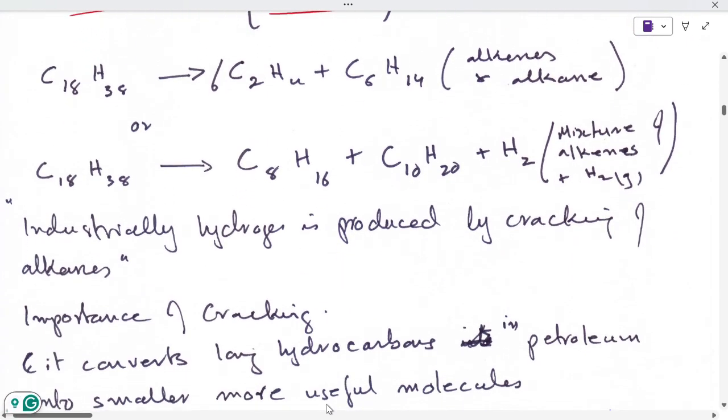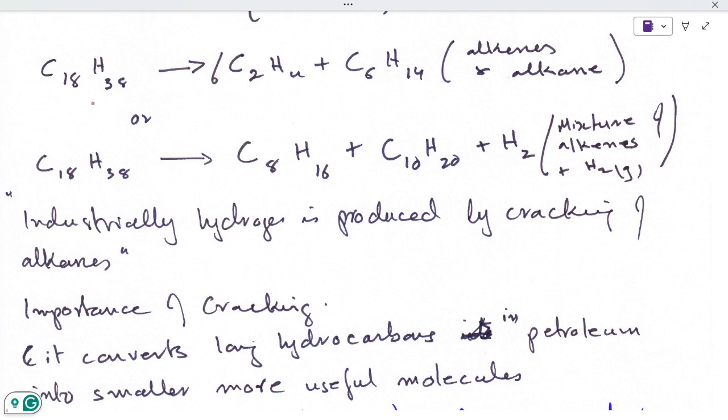Now C18H38 forms C2H4, an alkene, which is ethene over here, and an alkane C16H34. Or C18H38 forms C8H18, an alkane, plus C10H20, another alkene, plus a hydrogen molecule.